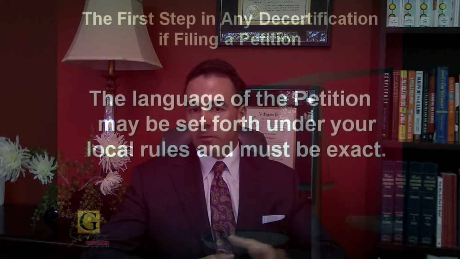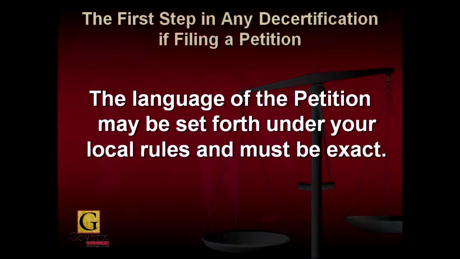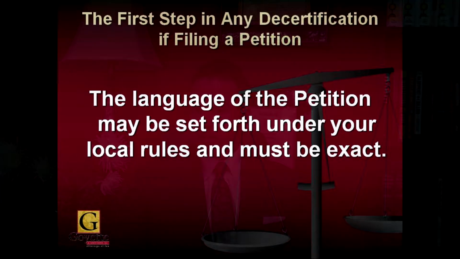Now, the next step, sometimes called the first step in getting the decertification process going, is that you have to file, under almost any rule set, a petition for decertification, referred to in short as the petition. The petition needs to contain very clear language, and if your local rules say what the petition needs to contain, you need to copy it letter for letter. If you're defending a decertification, look carefully at the language in the petition.